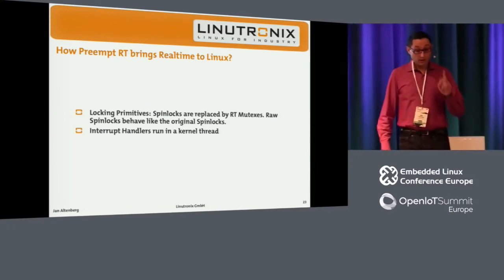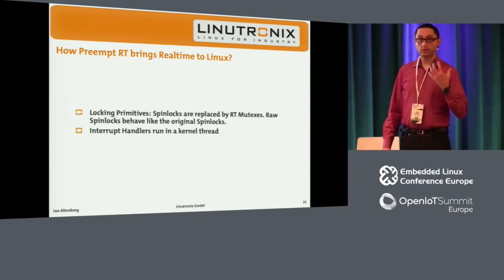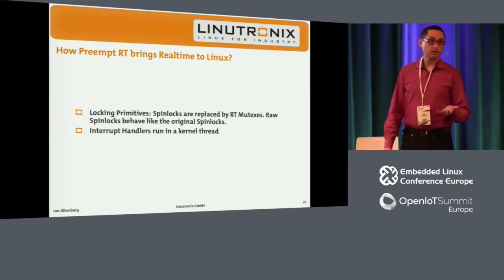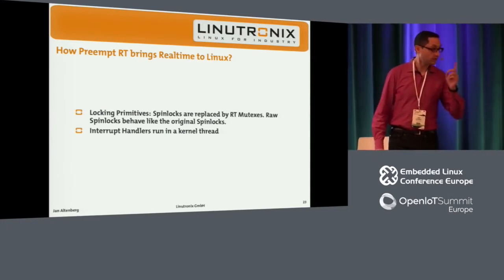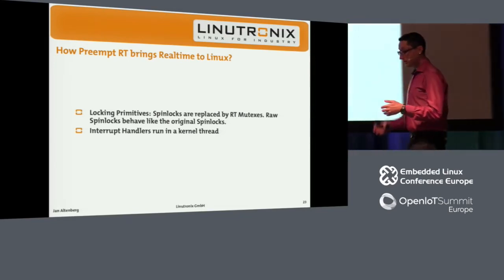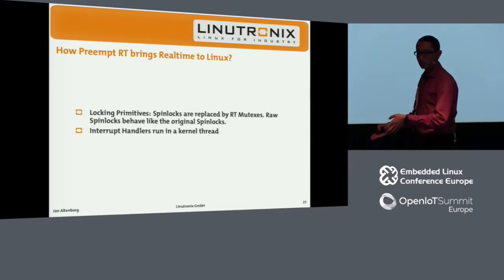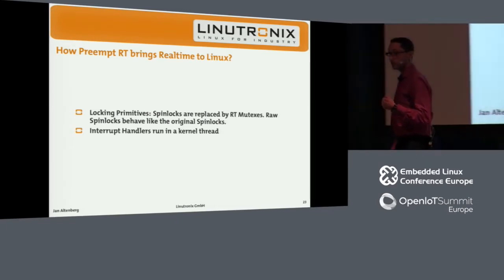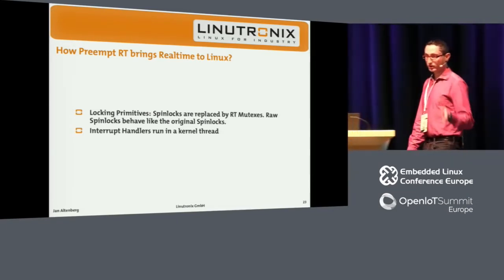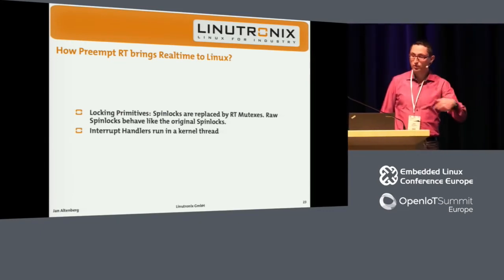Well, and they had another pretty cool idea. Another section in the kernel where you are not preemptible is basically the interrupt context. So what these guys did was, instead of running the interrupt handlers in hard interrupt context, they moved it to a kernel thread. So what you basically do is when an interrupt arrives, you don't run the interrupt handler code, you just wake up the corresponding kernel thread, and the kernel thread will run your interrupt handler.